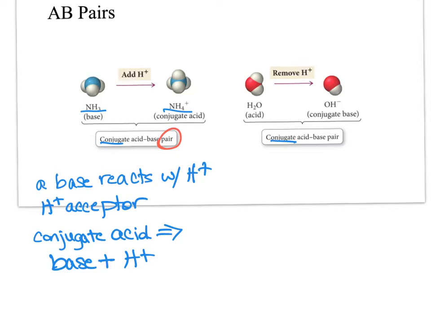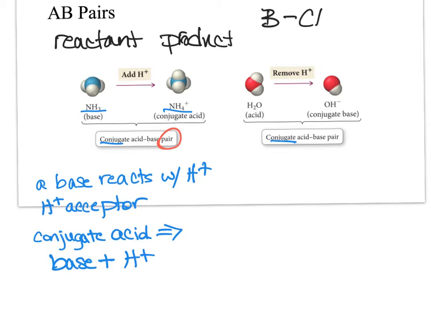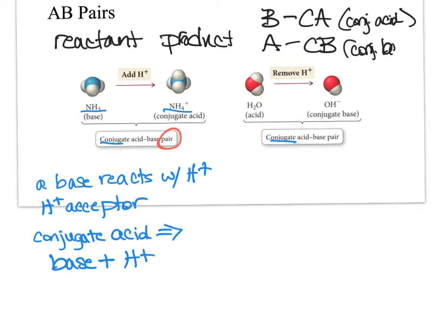So you look at what it's doing on the reactant side and the resulting product to tell you if it's a base and conjugate acid, or an acid and conjugate base. Let's define those a little bit more. They become important because of our discussion about buffers, which will be in Chapter 16. We'll get to that in a little bit more detail then.